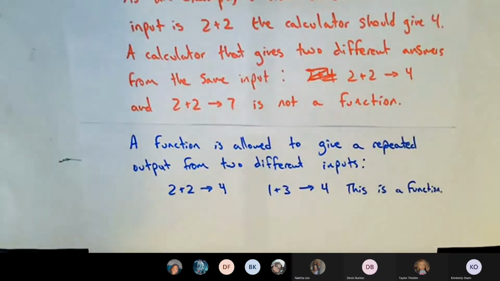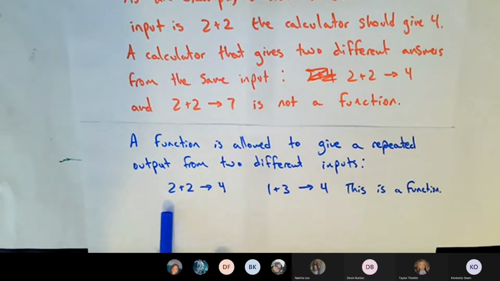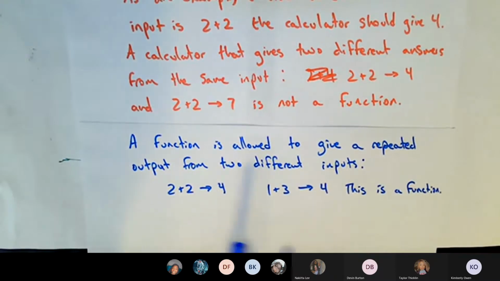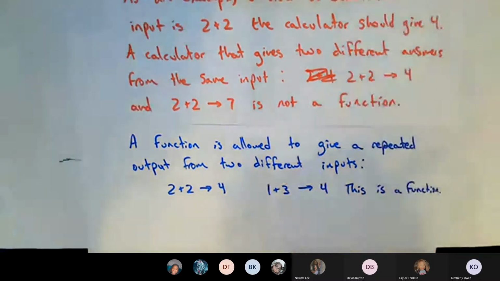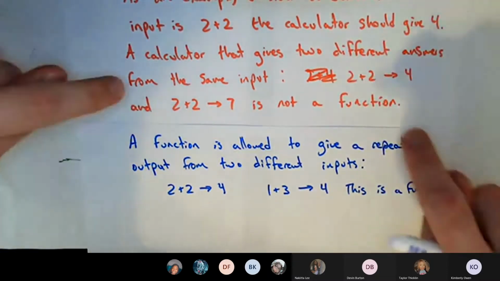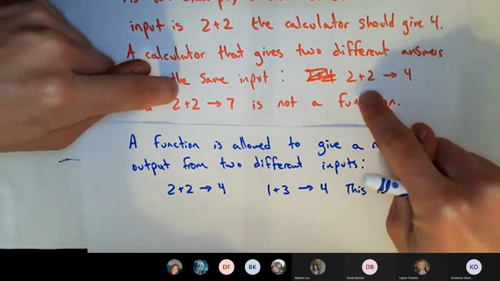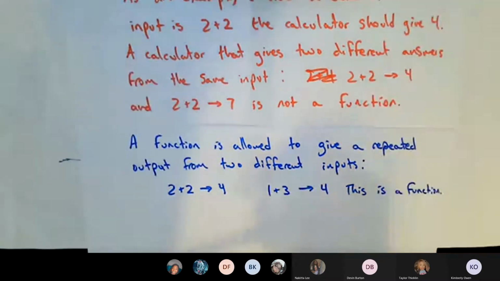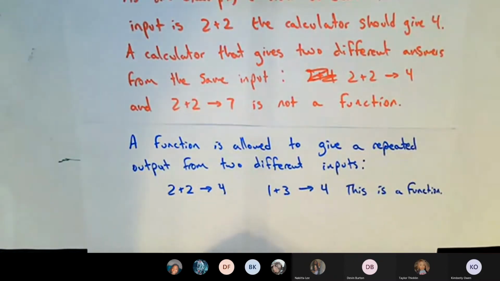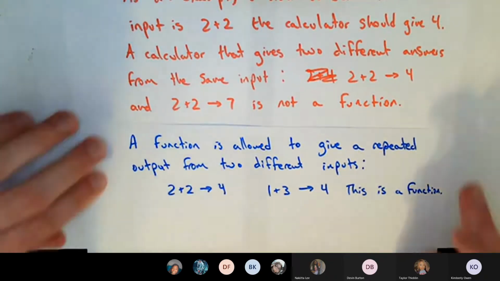That you're giving it two different inputs, right? 2 plus 2 or 1 plus 3, they're yielding the same output. That's okay. You just can't have two of the same inputs going to different outputs. So there's a little picture here that might help out.